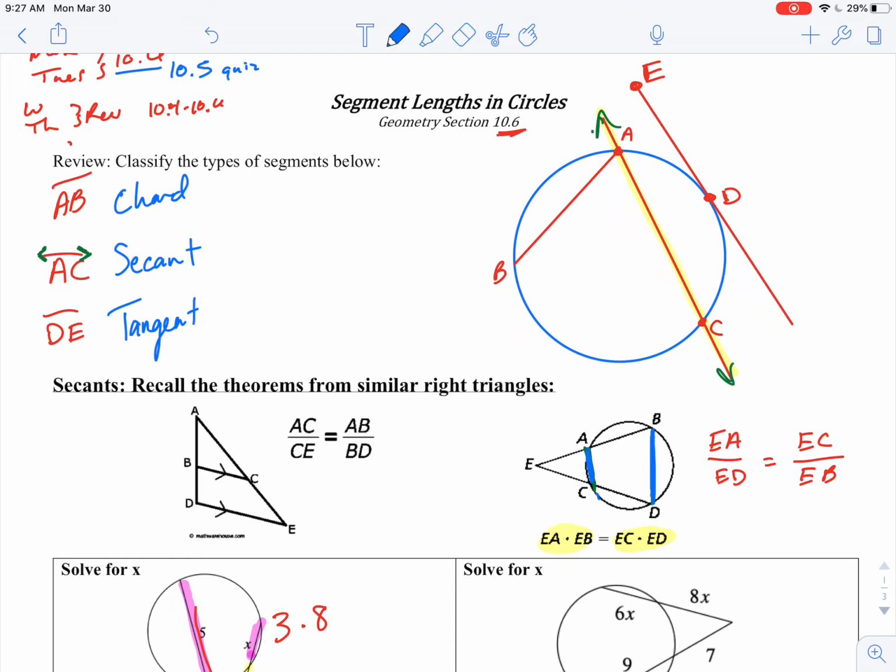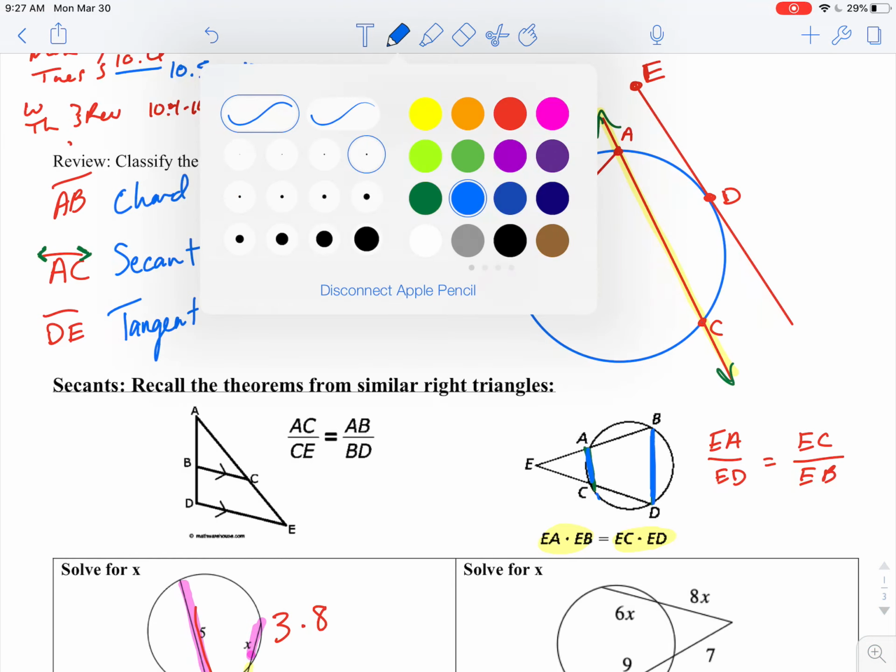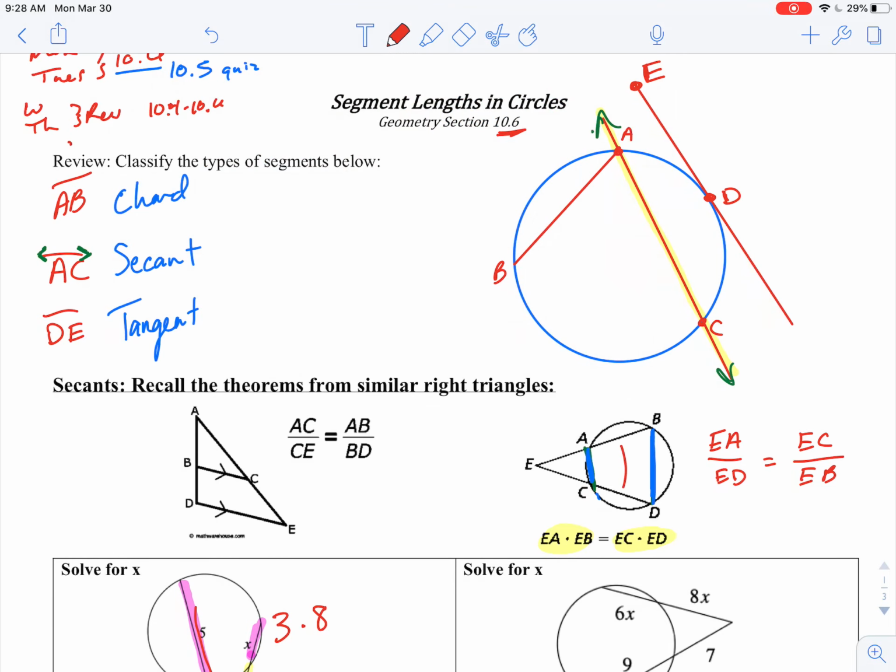The really confusing part is that these last two sides are going to have to be flipped in my formula. You really don't need to know that so much, but I just want to let you know where that came from.